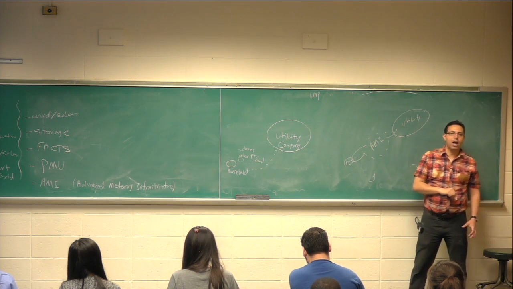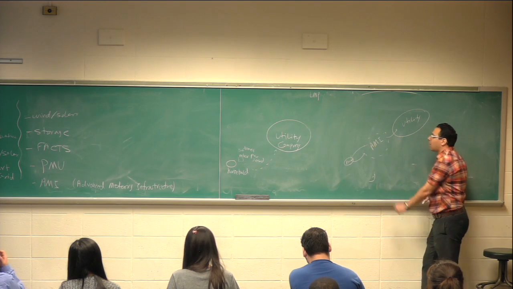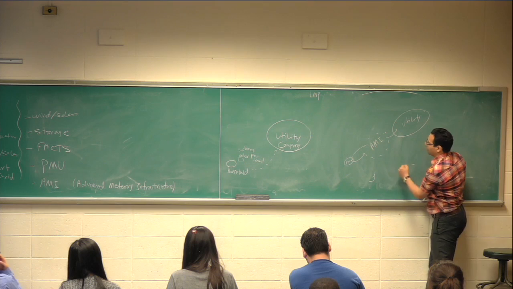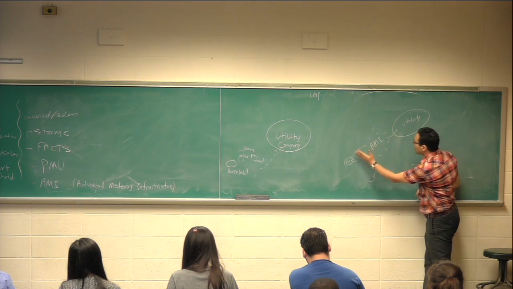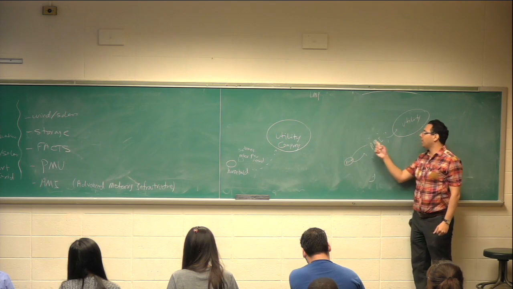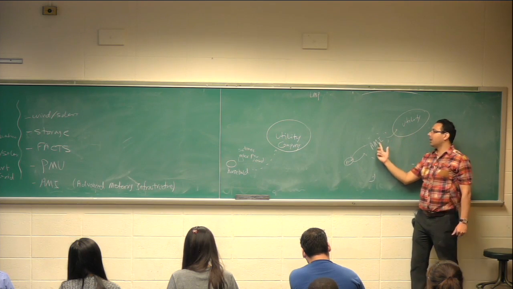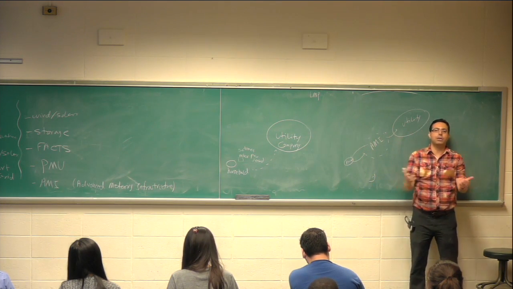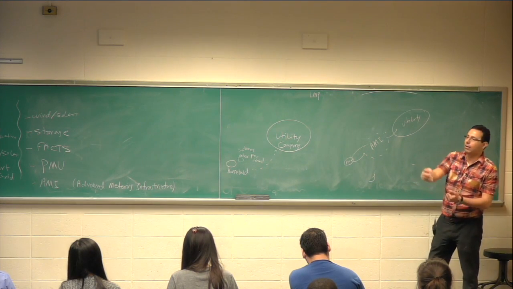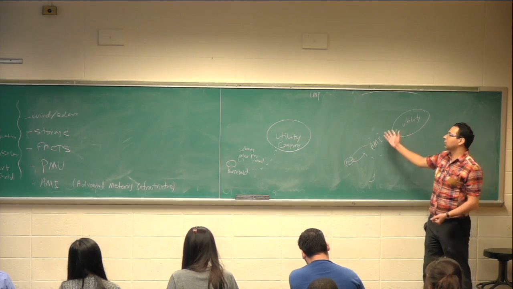So AMI is advanced metering infrastructure. Does metering, sensing, communication, everything. It's just an interface between you and the utility company. They get signals in real time, process it, send it to the utility company. They can also send you the price. They will tell you this is the price, you decide if you want to use your washing machine now or 2 hours from now. So you will say this is technology.